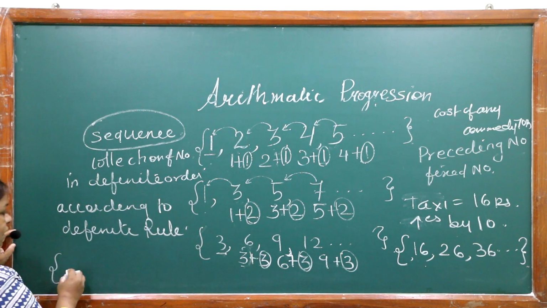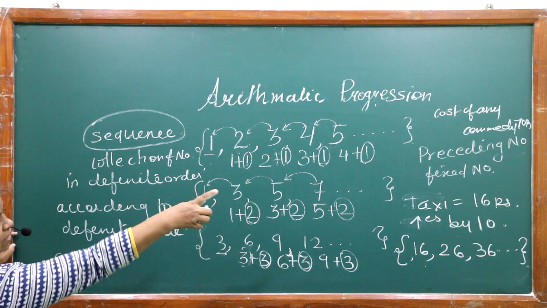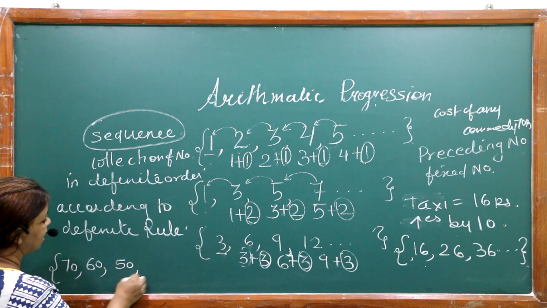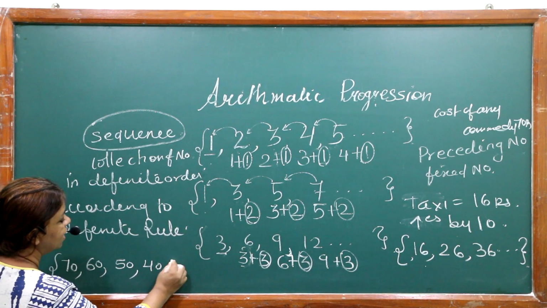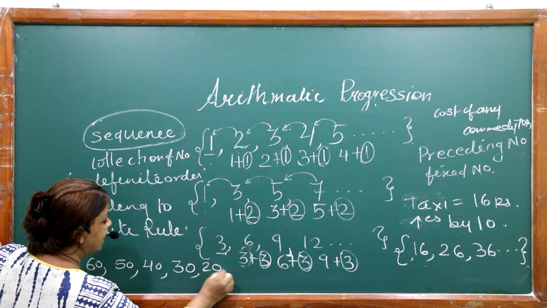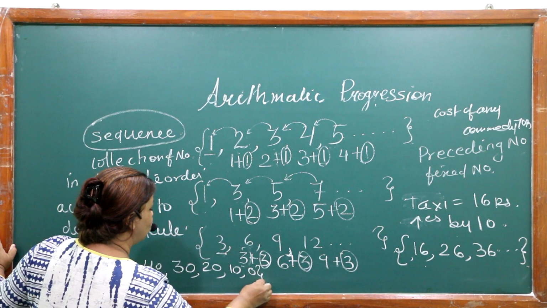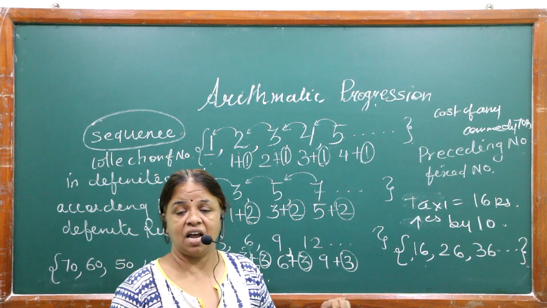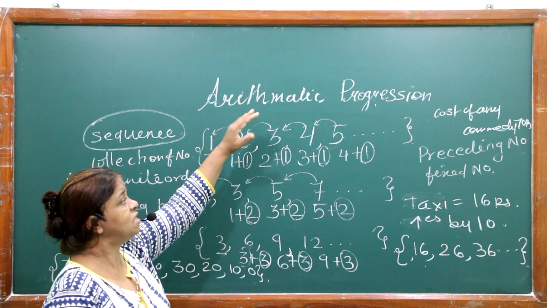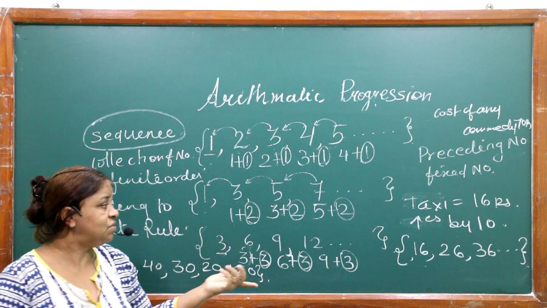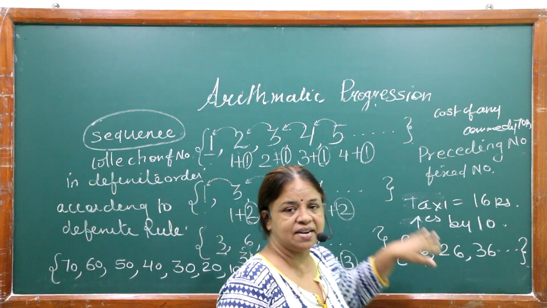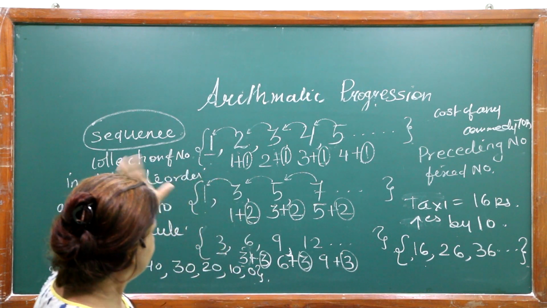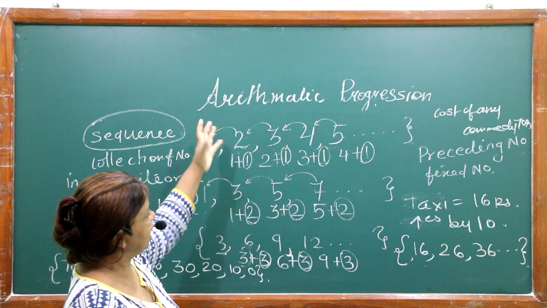The sequence will be 70, it decreases by 10, so 60, then 50, then 40, 30, 20, 10, and finally 0. So the sequence which ends is known as a finite arithmetic progression, and the sequence which does not end is known as an infinite arithmetic progression. So this was just an introduction of the topic arithmetic progression.